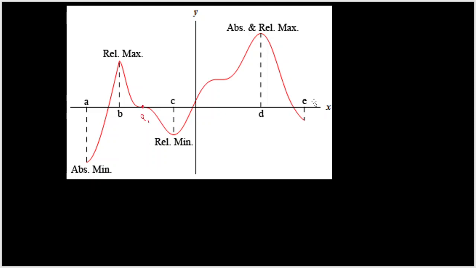It means the two endpoints are included, right? If the two endpoints are included, it's possible for the function to return its absolute minimum or maximum at one of the two endpoints. In this particular case, you see the function has the absolute minimum at the left endpoint A. So do you know what I mean?